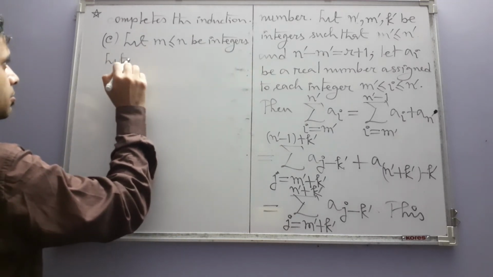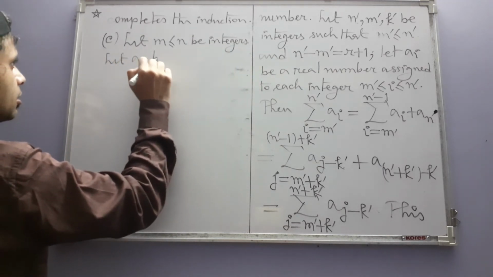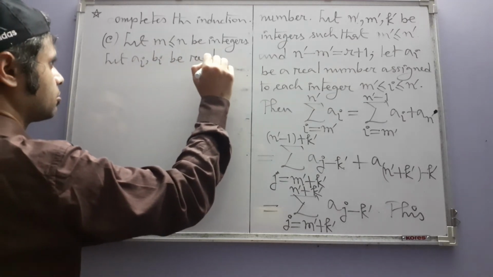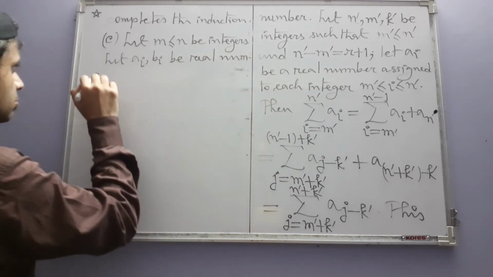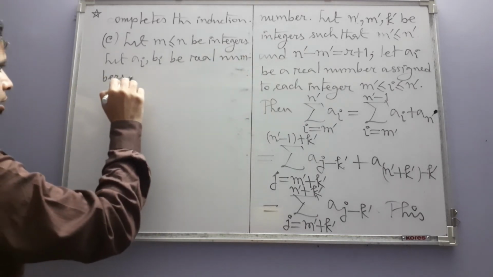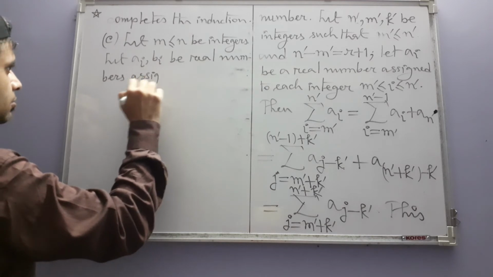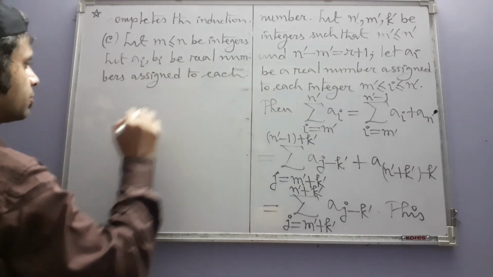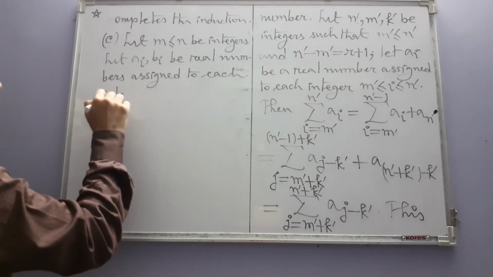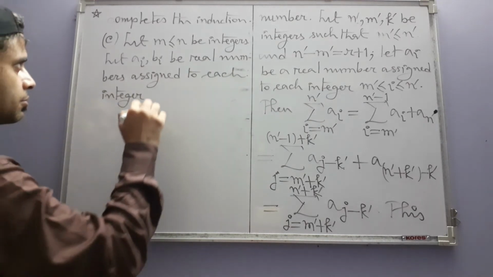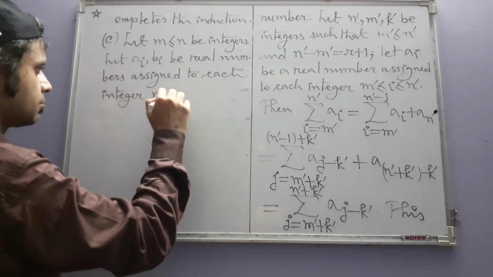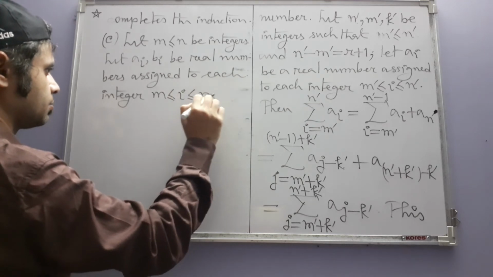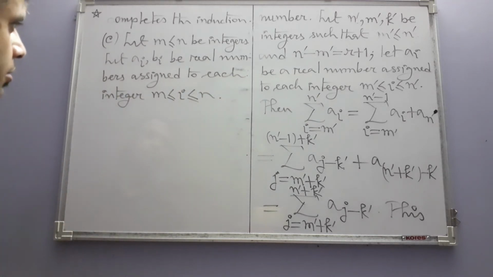Let ai, bi be real numbers assigned to each integer i lying between m and n.